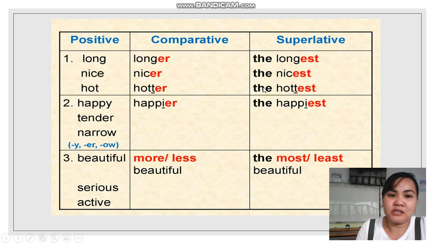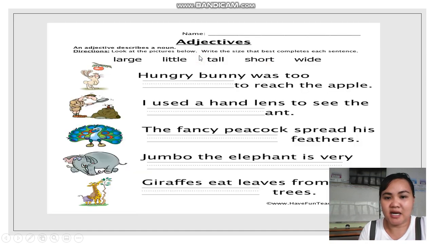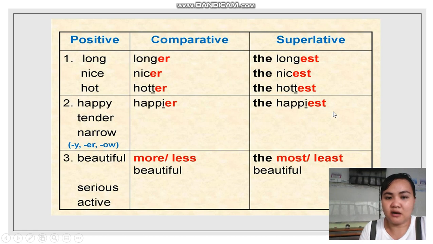Okay, next. So here we're just going to add est if we're going to compare three things. For example, for long we have longer, and for the superlative we have the longest. As you can see, we just add er to the last word.